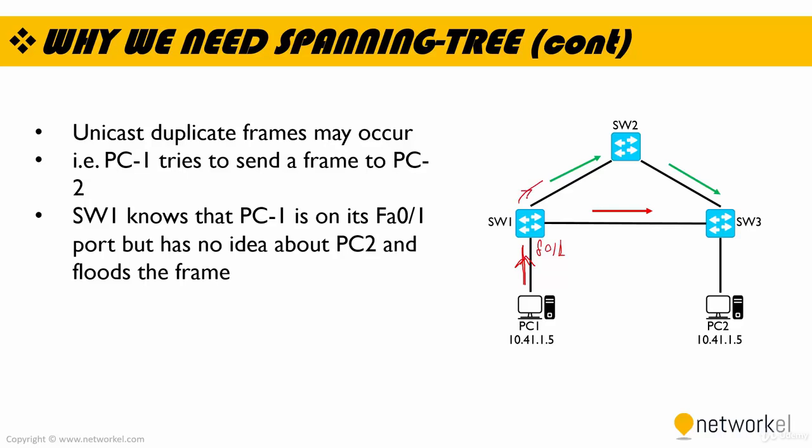The traffic will go this way and this way also. The frame will come to switch 2, and switch 2 will send the packet to switch 3, and switch 3 will send the packet to PC2.